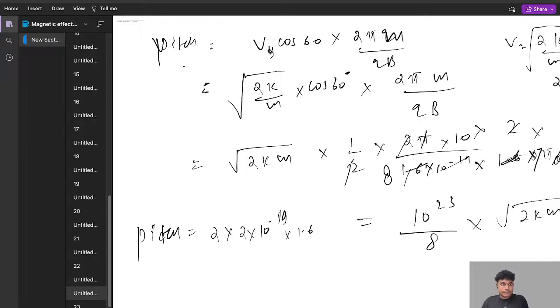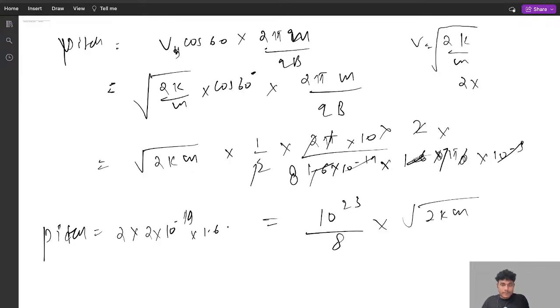Into, and what is our mass? That is 1.6 into 10 raised to power minus 27. And this is under root.